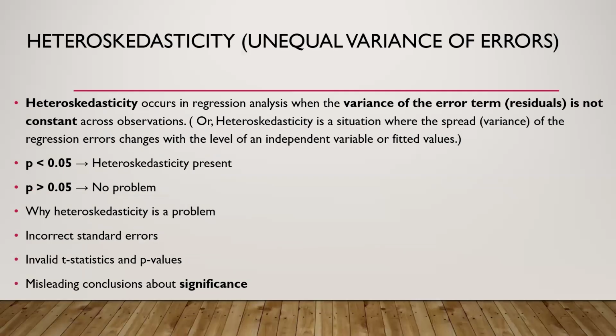Now, another way of checking diagnostics is heteroskedasticity. This occurs in regression analysis when the variance of the error term, that is the residual, is not constant across observations.